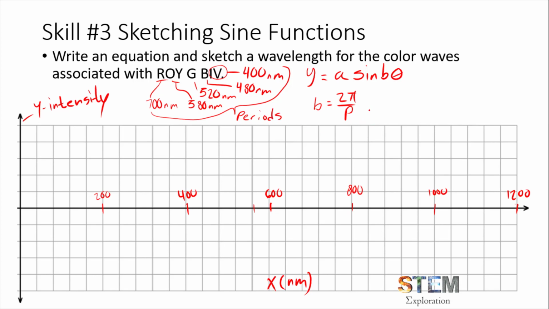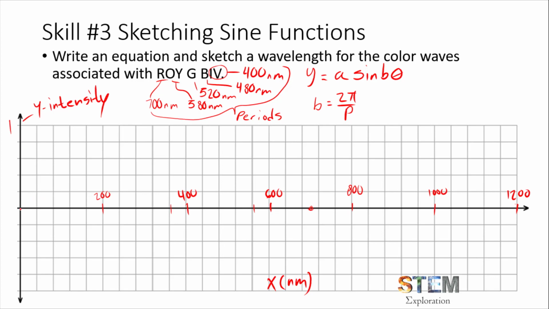And so if we want to know the number of cycles, let's say we sketch out red light. From 0 to 700 here, at about 350-ish, we are going to cross through the middle again. And let's just call this 1 here.